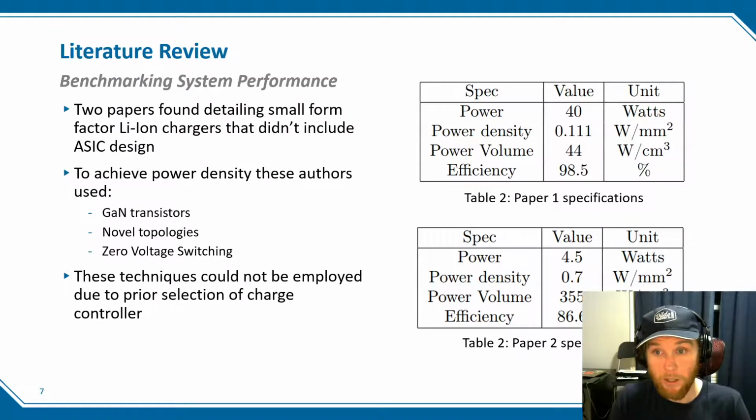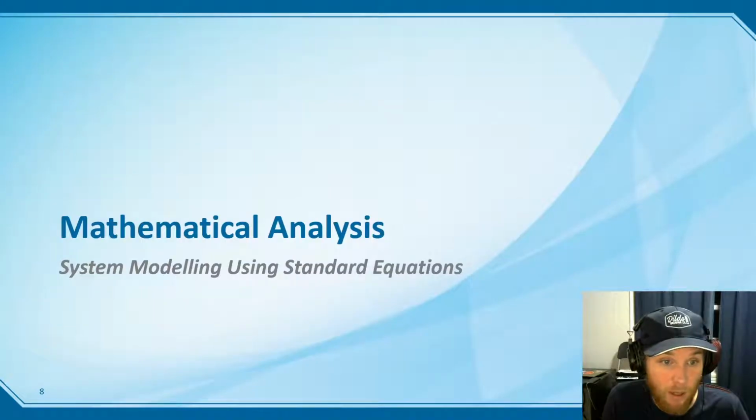From paper 1, there was a power density of 0.11 watts per millimeter squared at an efficiency of 98.5%. And for paper 2, there was a very high power density of 0.7 watts per millimeter squared at an efficiency of 86.6%. We'll see how that stacks up to my later statistics.